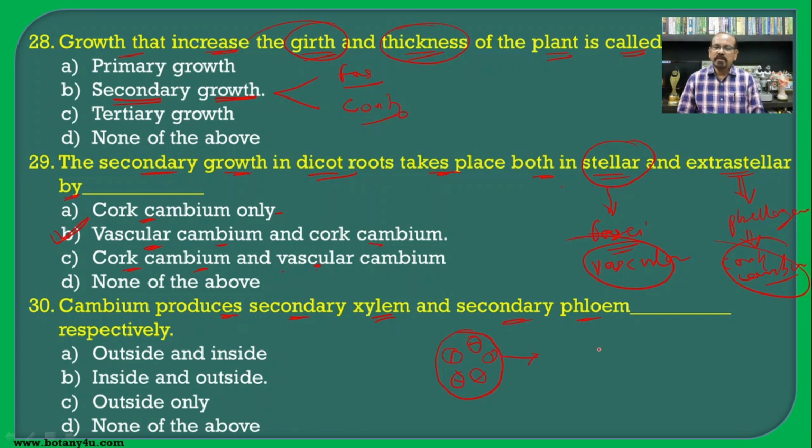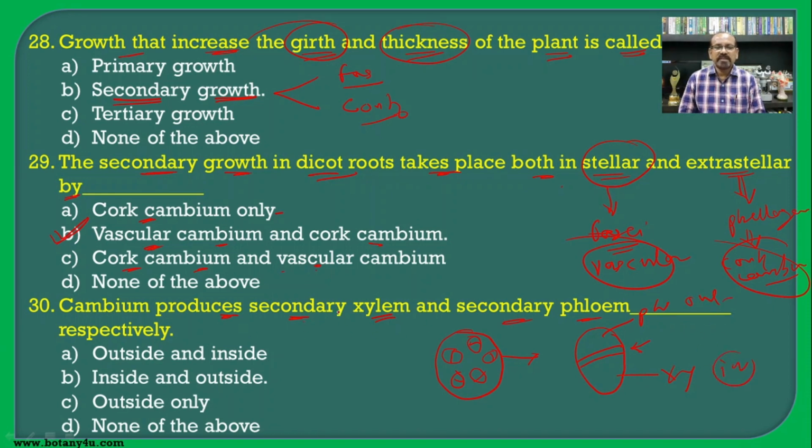If we take one vascular bundle, here is the layer of cambium, the vascular cambium or fascicular cambium. This is the phloem side and this is the xylem side. This is the outer side and this is the inner side.